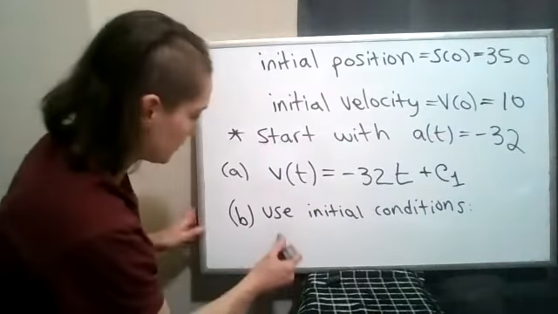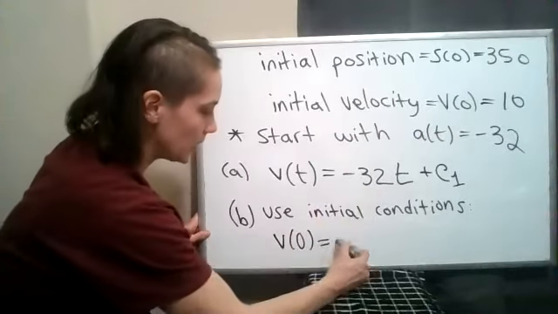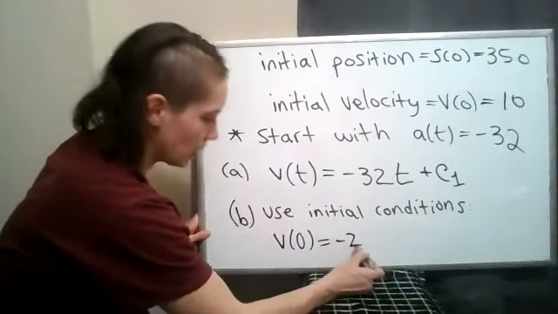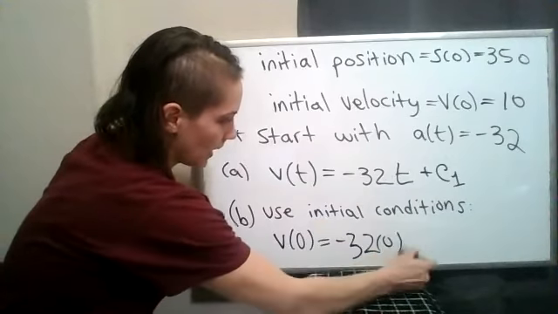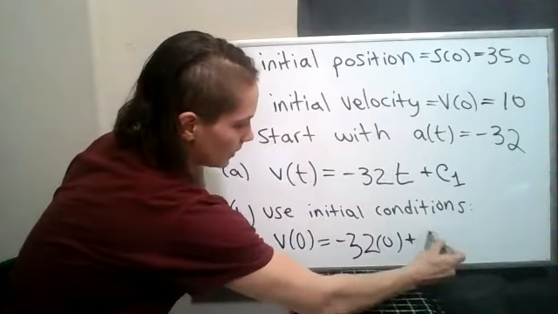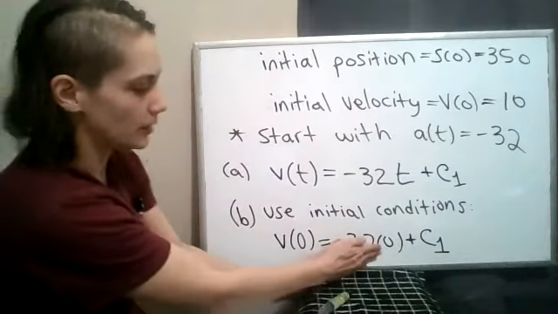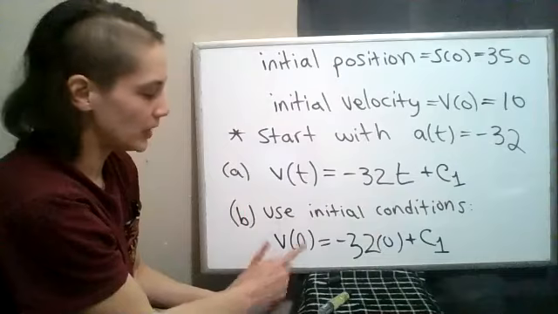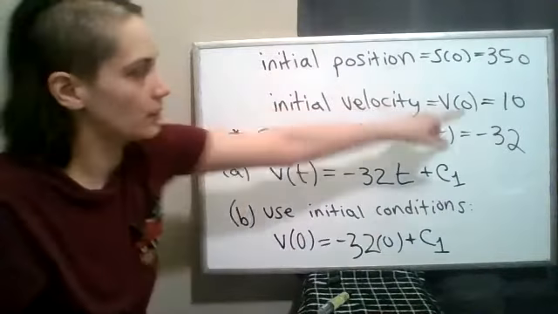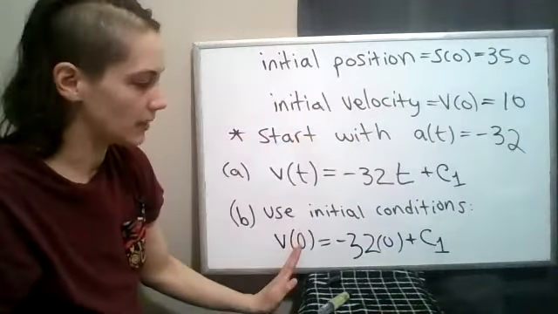V of 0 is negative 32 times 0, add c sub 1. Okay, so 0 right there. V of 0, we can substitute that number 10 in place of V of 0. So on this side, we're putting a 10 right here.